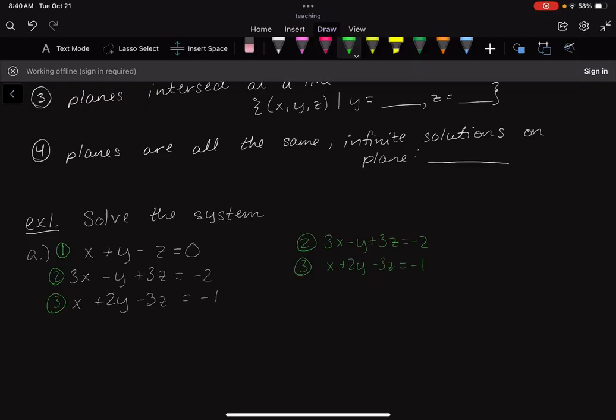And I'm going to add these together in order to cancel out my z variable. So I'm using elimination. The z's here would go away. I would get 4x plus y equals negative 3.